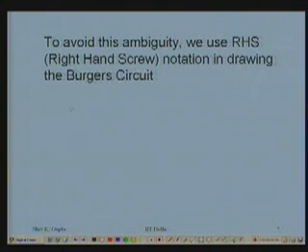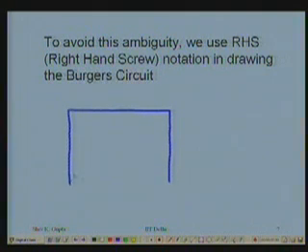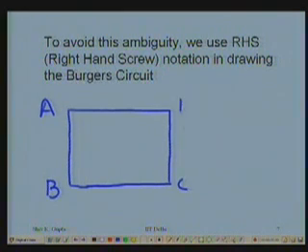I had taken, let us say this is my slip plane. Alright, we have chosen the direction.